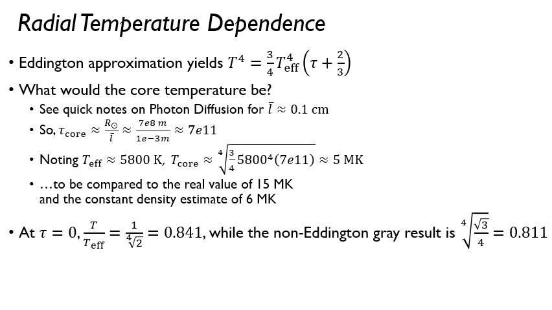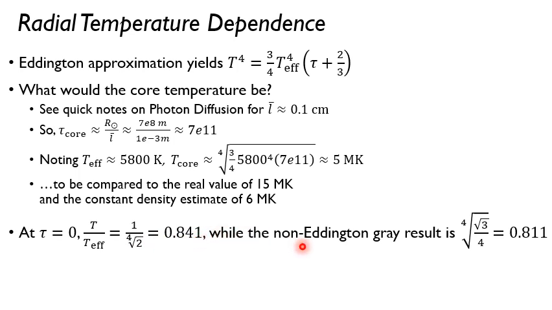Another thing we can look at is that at an optical depth of 0, the ratio of the temperature to the effective temperature in our Eddington gray atmosphere approximation is 1 over the 4th root of 2. And so that's 0.841.